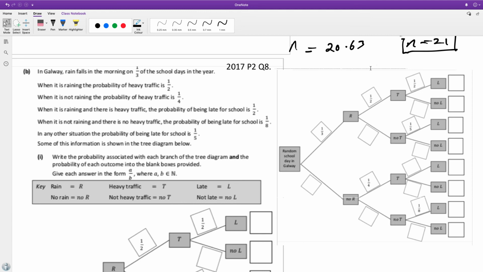When it is raining, the probability of heavy traffic is a half. When it is not raining, the probability of heavy traffic is a quarter. When it is raining and there's heavy traffic, the probability of being late is a half. When it is not raining and there's no heavy traffic, it's 1/8. In any other situation, it's 1/5. And so on and so on.